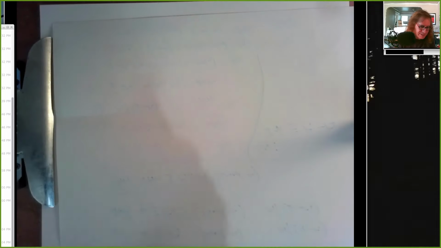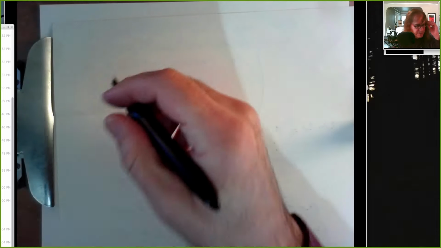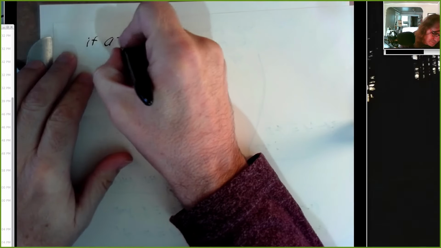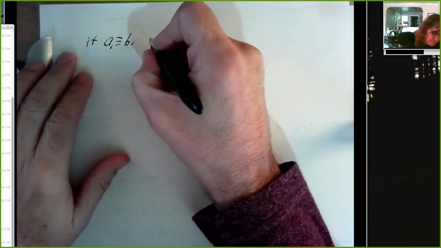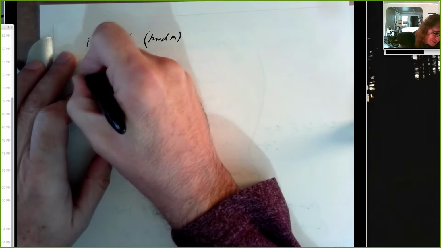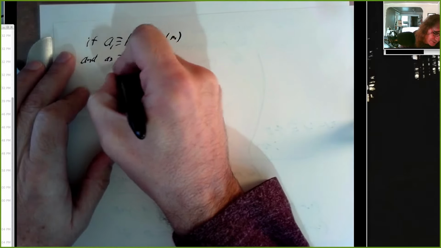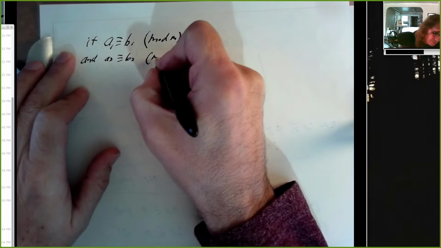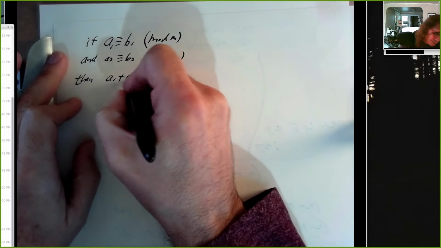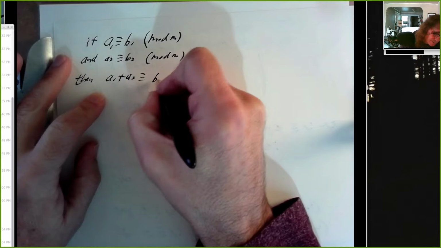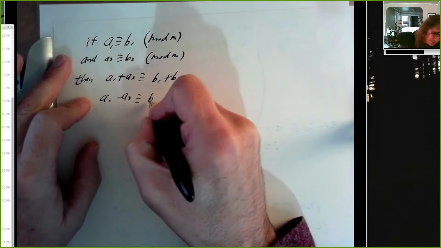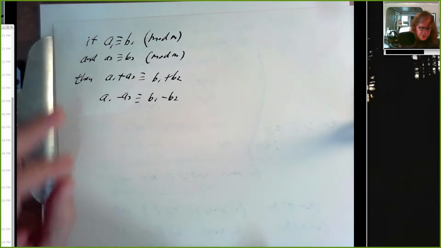Alright, so let's make a factoid sheet. If A1 is congruent to B1 and A2 is congruent to B2, then A1 plus A2 is congruent to B1 plus B2, and A1 minus A2 is congruent to B1 minus B2.